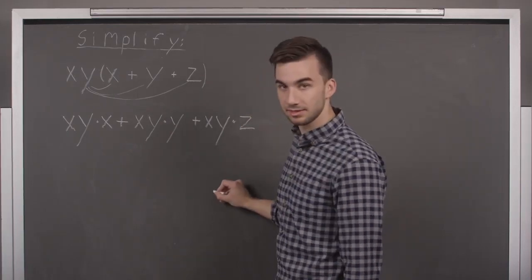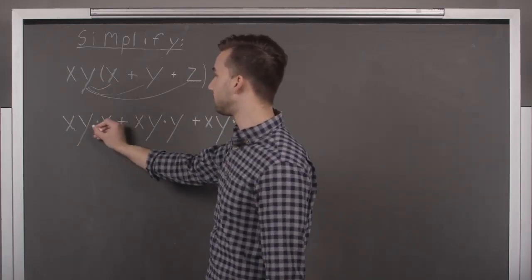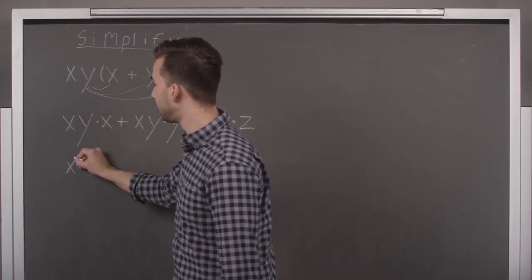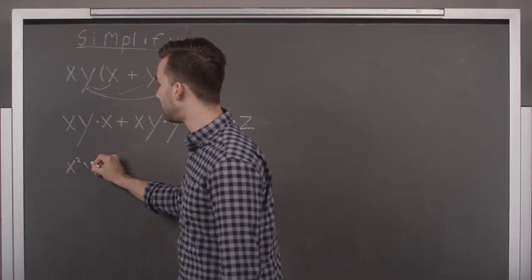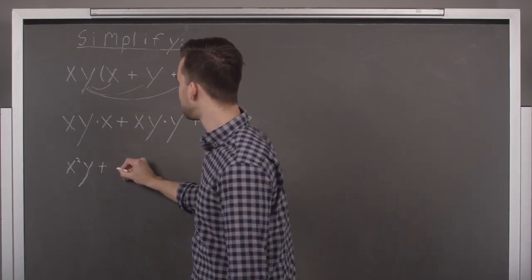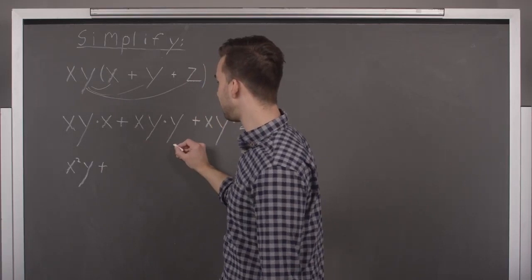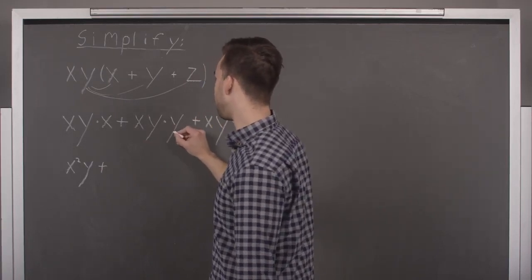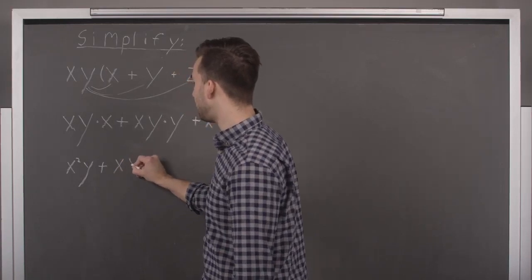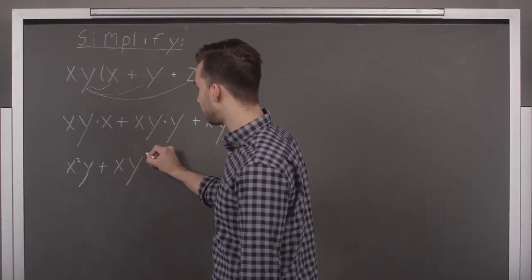So let's continue simplifying. What's xy times x? We can write that as x squared y. X squared y plus xy times y can be written as x y squared.